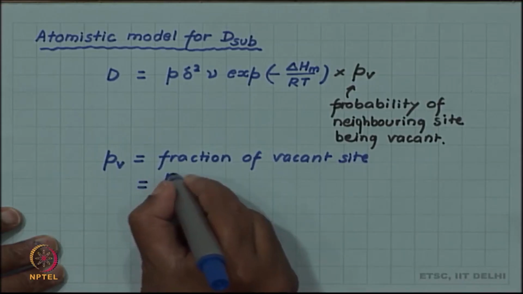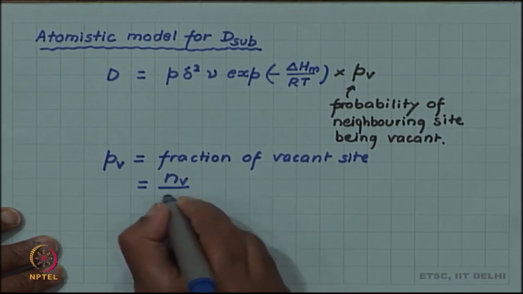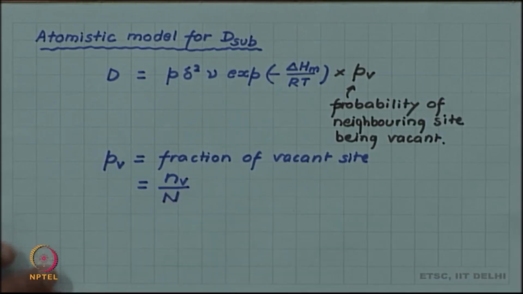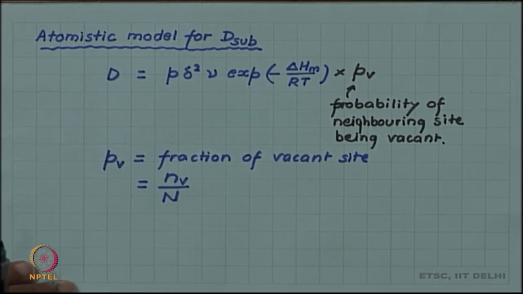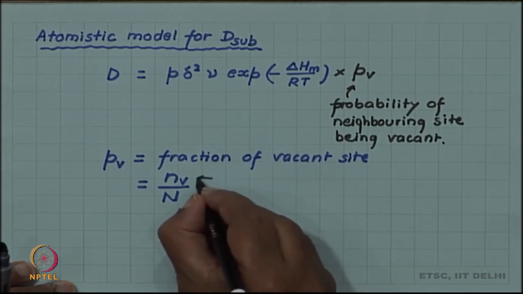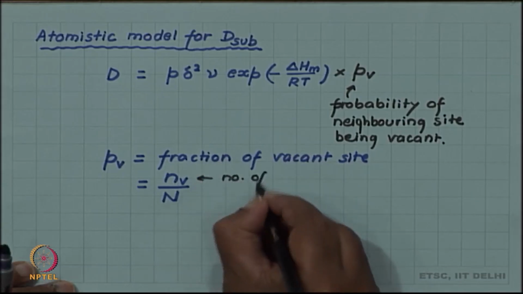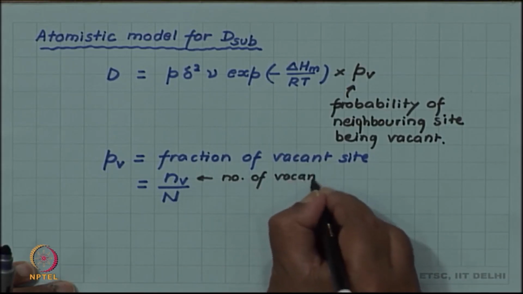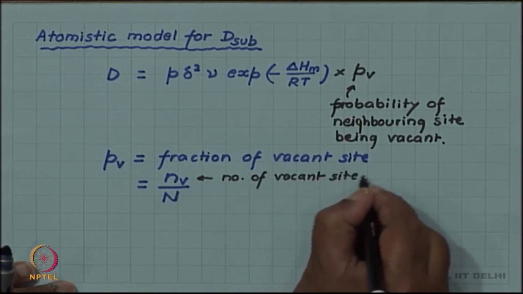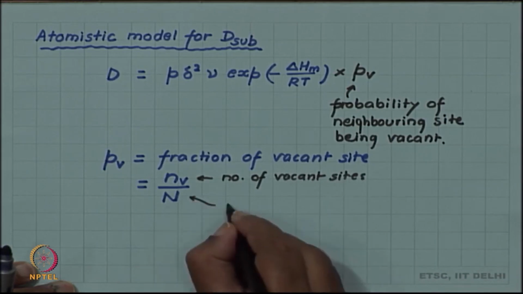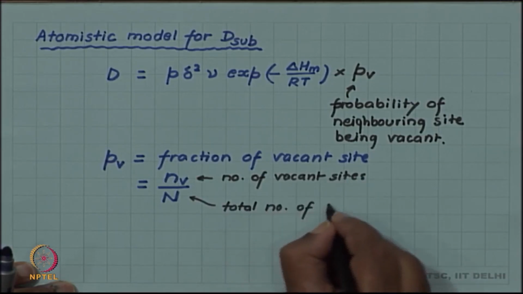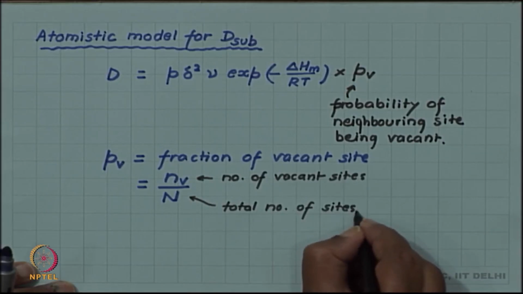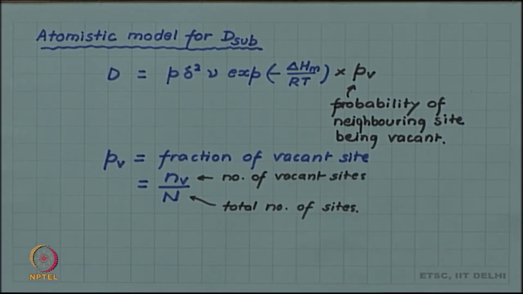That is, if I am having n v vacant sites out of n total number of sites, then this fraction will be the probability by which I will find a vacant site.